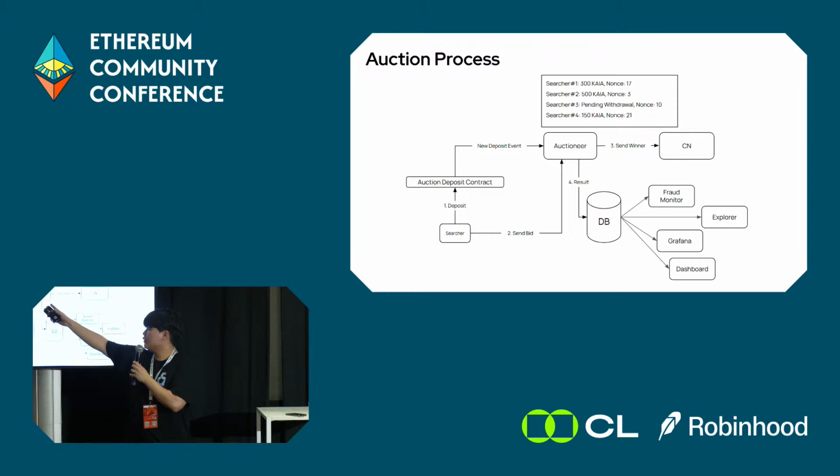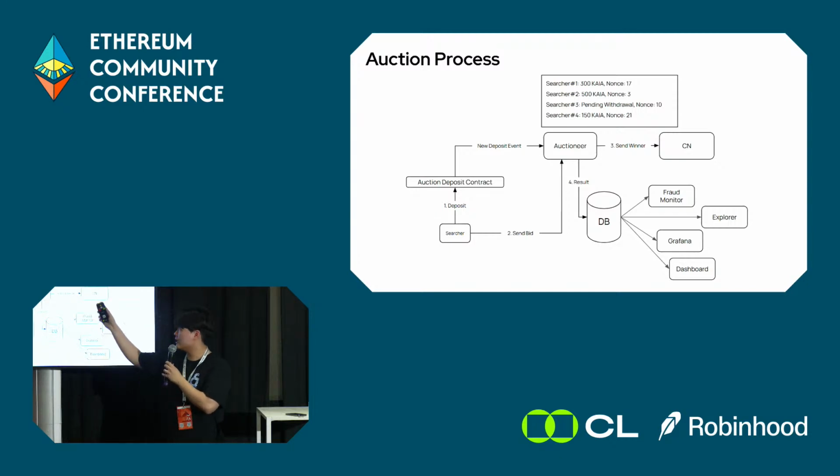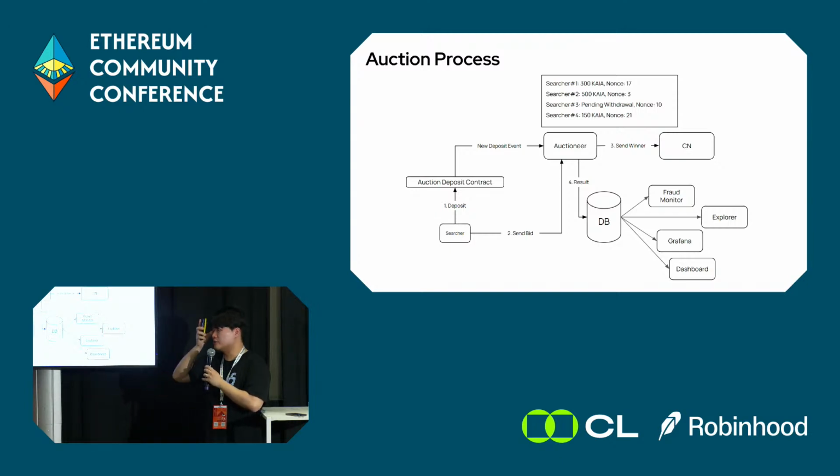At the same time, the auctioneer will accumulate the data of the bids and the blocks produced by the validator to use for the fraud monitoring, bid explorer, and Grafana dashboard, which serve as internal uses or a public information channel.